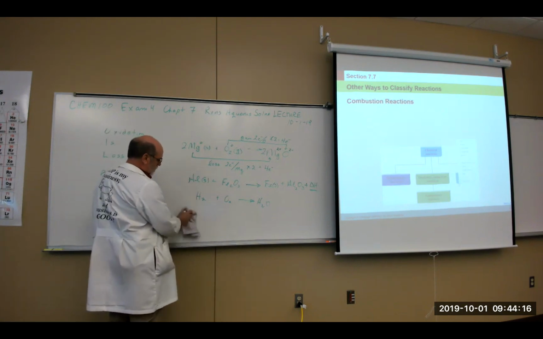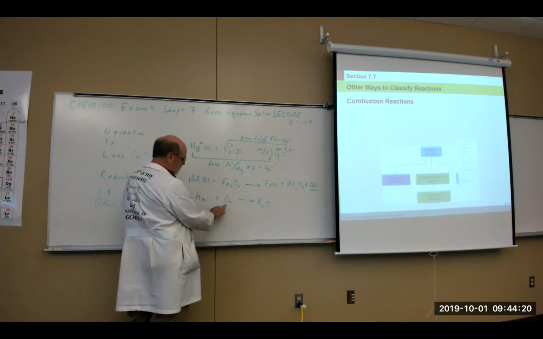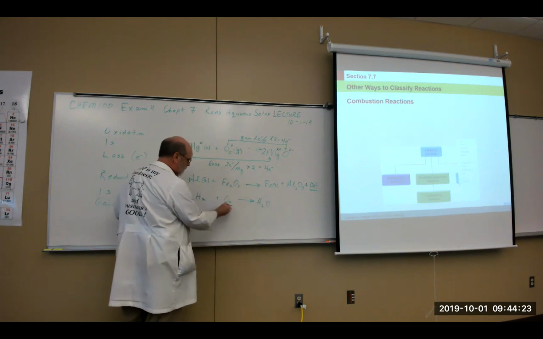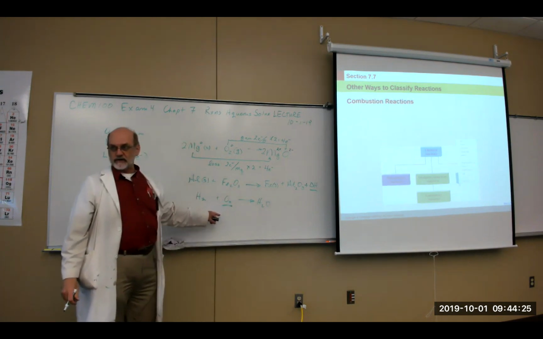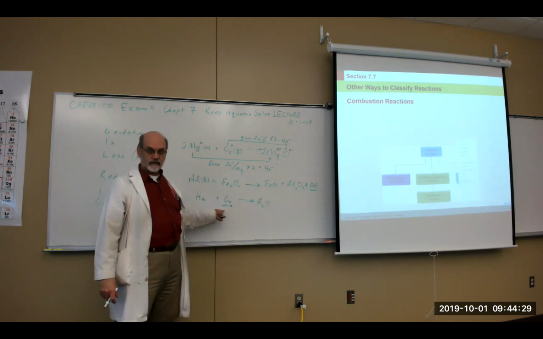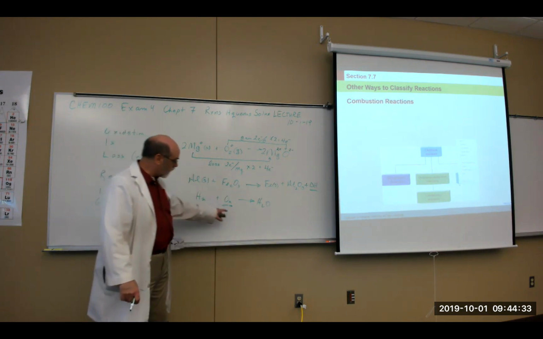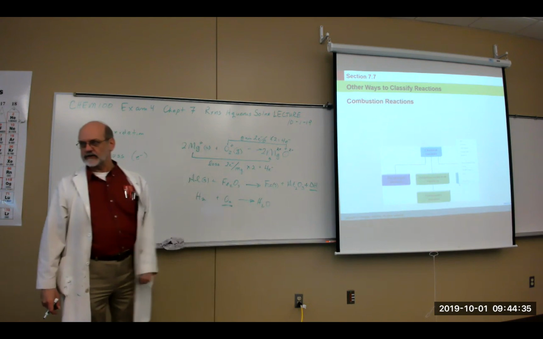So here we go. This is a perfect example. Hydrogen plus oxygen. You have to have that for a combustion reaction. So if you see oxygen element here, all by itself, reacting with something, it's a combustion. But it's also oxidation reduction.